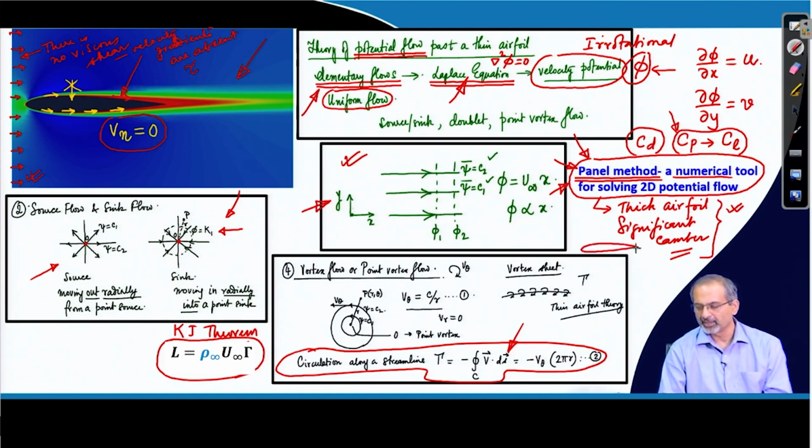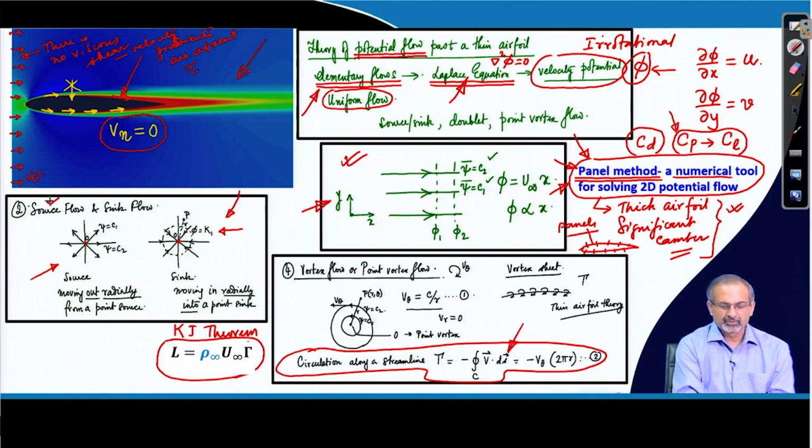If we have an airfoil like this, we will move around the actual geometry of the airfoil and we will distribute some elementary flows on these small elements which we will call panels. So, you may like to distribute sources and sinks, you may like to distribute point vortices depending on what kind of flow you are modeling.